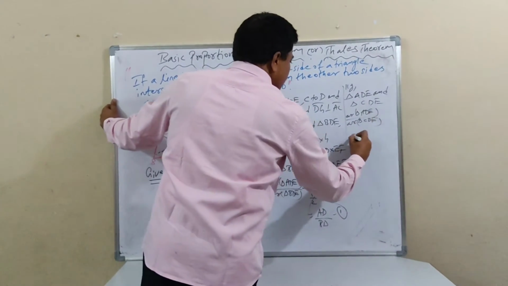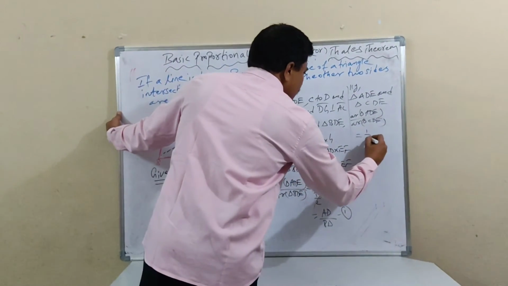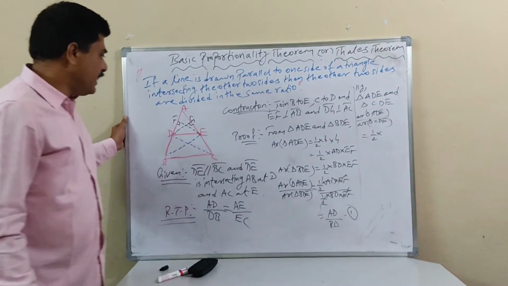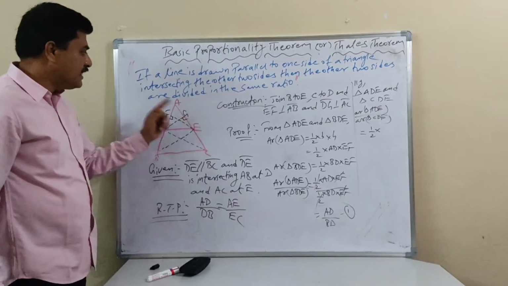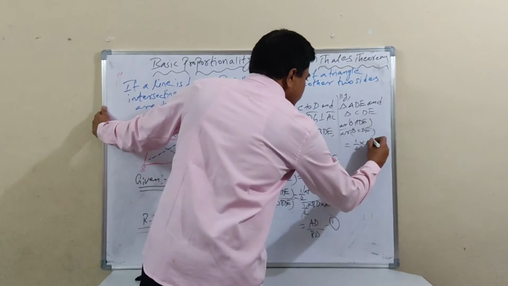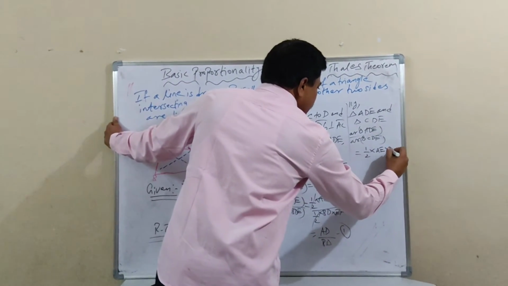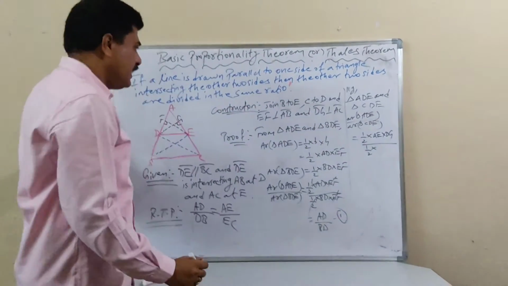These both triangles I am comparing here. Half into base into height, same formula. For ADE triangle, AE becomes the base and DG is the perpendicular.